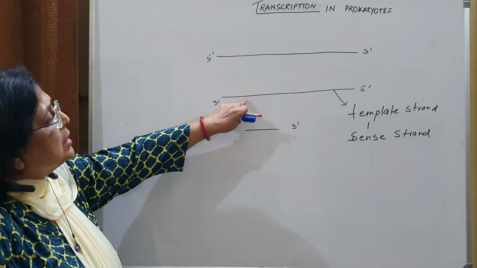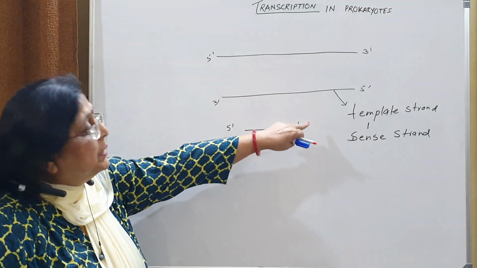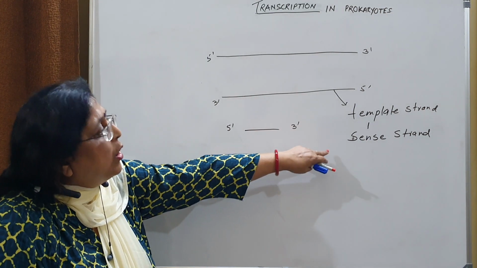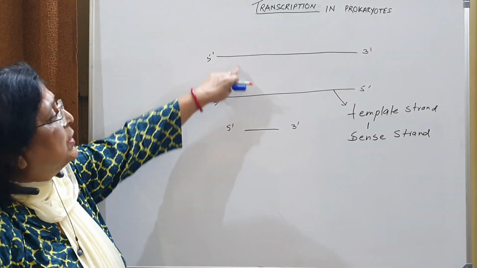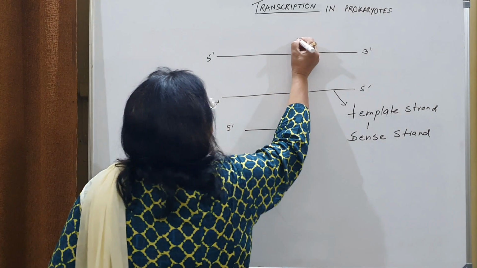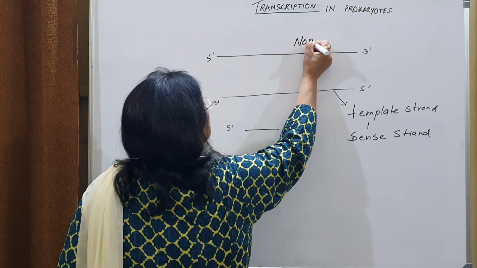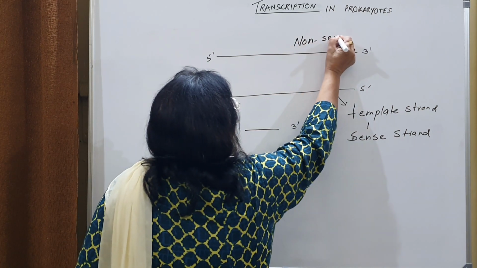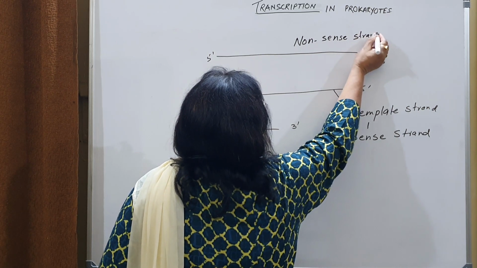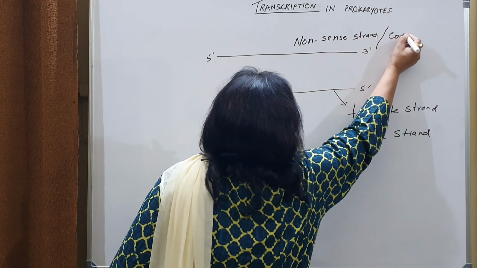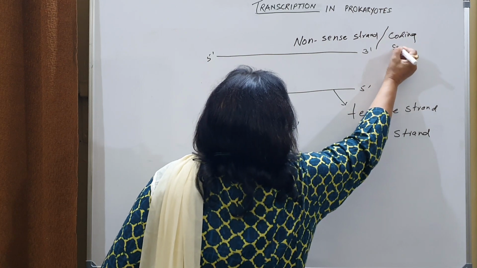The lower strand, which will act as a template, will be known as the template strand or the sense strand, whereas the other strand will be known as the nonsense strand, or the coding strand.